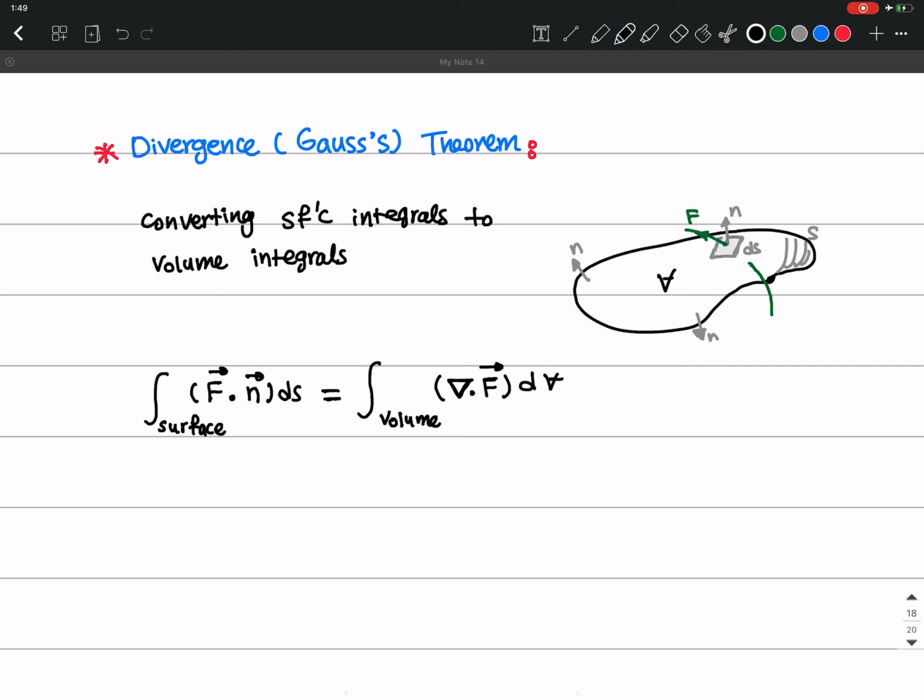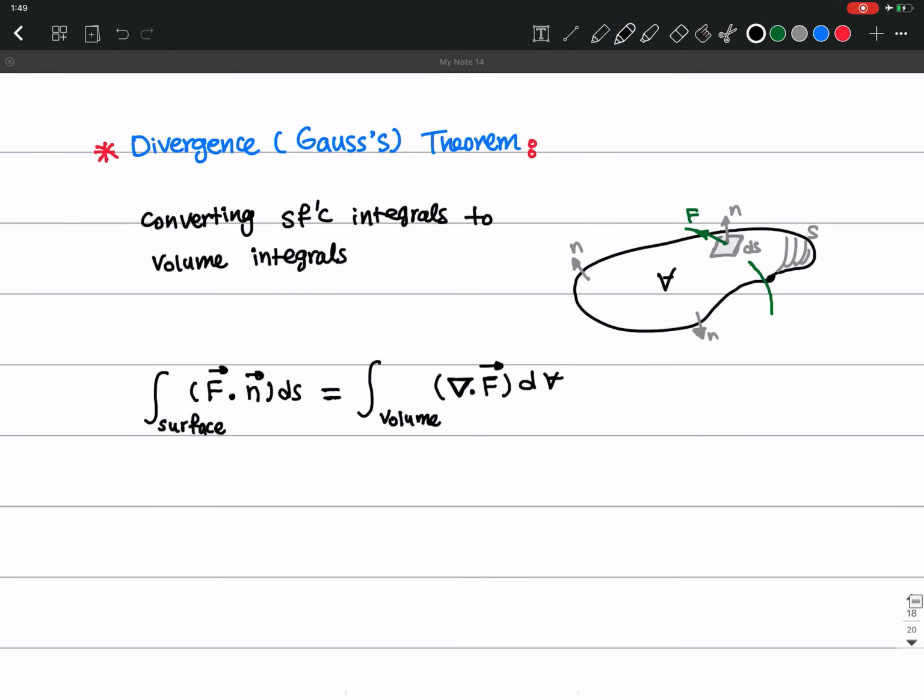It's just this equality here that you can prove, and you should have learned it in your calculus 2 course if you have taken one. This is what this equality is, and we are going to use it in our momentum and continuity equations in integral form to convert them to differential form. I'm going to show how.